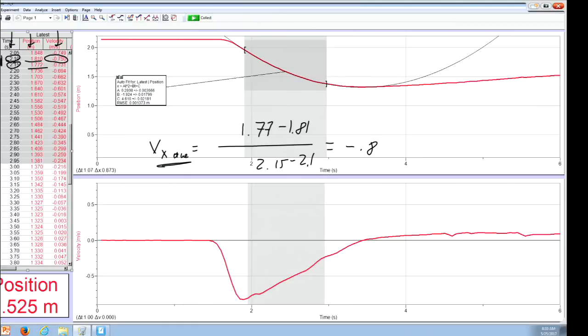But because this value is related to this tiny interval, so the location of the cart was somewhere here, we don't call it average velocity anymore. We call it instantaneous velocity. And that velocity changes, but we can always calculate it again. We can pick up 2 consecutive time instances and calculate the new velocity.